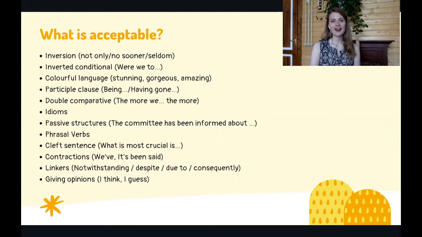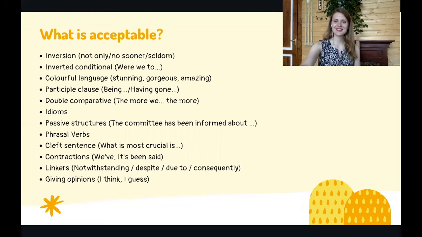And now I propose the following. Look at these bullet points where I enumerate certain linguistic devices, or language, that you can use. In your report, some of them are acceptable, some of them are not. So the task is to figure out which ones are okay and which ones are a no-no. So pause the video and then we'll check it.